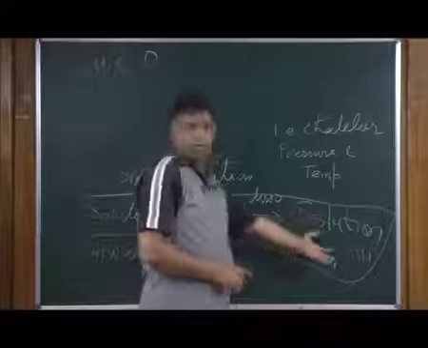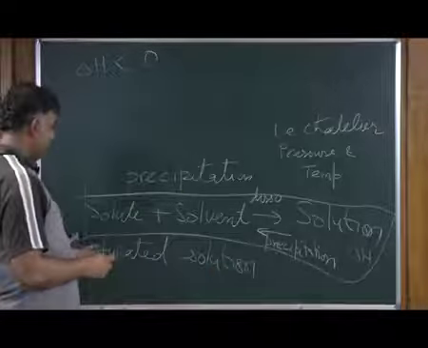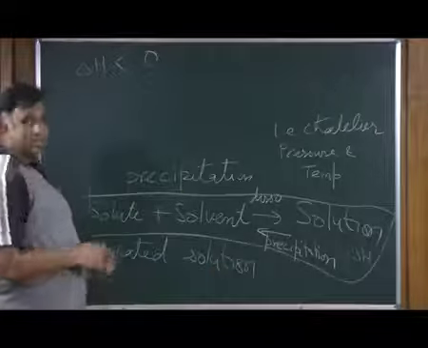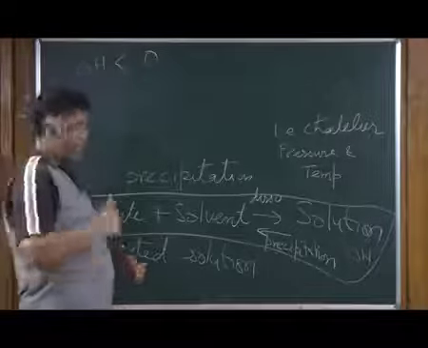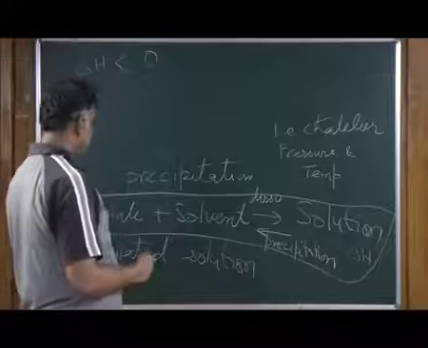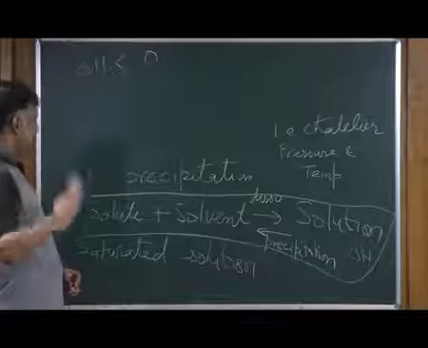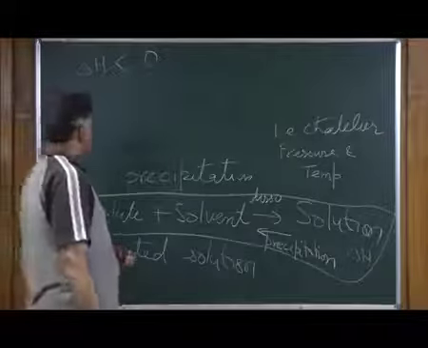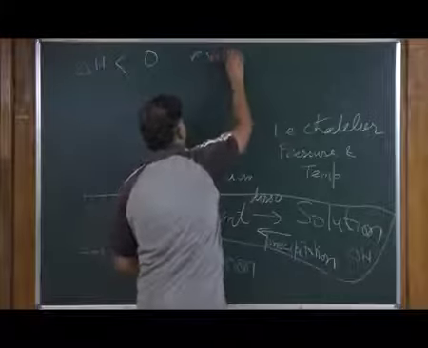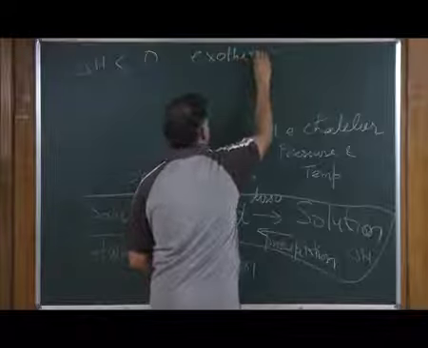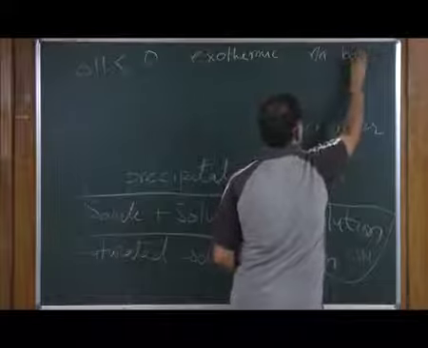If the reaction goes forward, the heat is liberated, the system has more heat, so the temperature would increase. But Le Chatelier says the reaction will move in a direction where the stress can be minimized. So, it has to move in a direction where heat is absorbed if we increase the temperature. So, it is clear that for an exothermic reaction, the reaction will move in the backward direction.